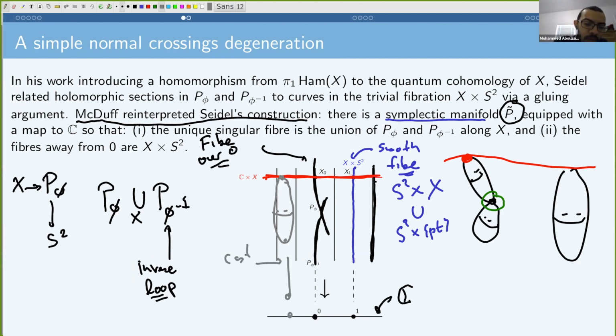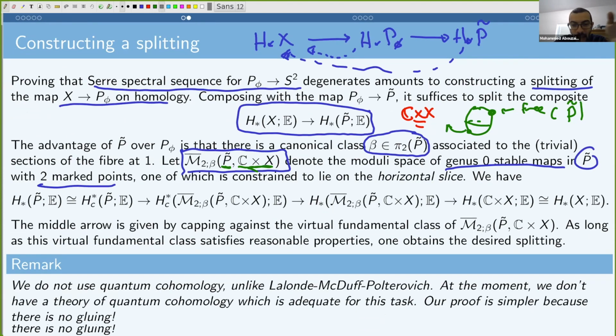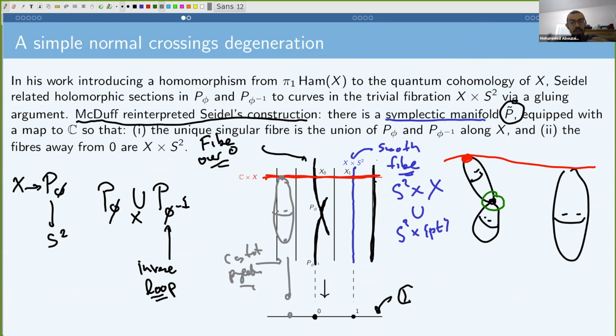Once you realize that, and you also know its homology class, you understand that these spheres, away from the singular fiber, are just the obvious sections of S2 cross X. What we're going to use in a second is that Gromov compactness tells us that the space of such spheres compactifies to something which is proper over C, not quite compact because I made the base C.